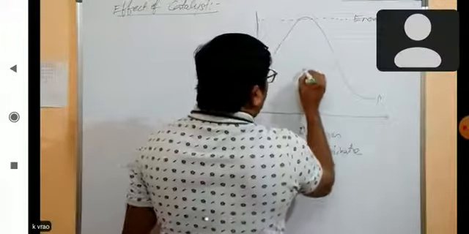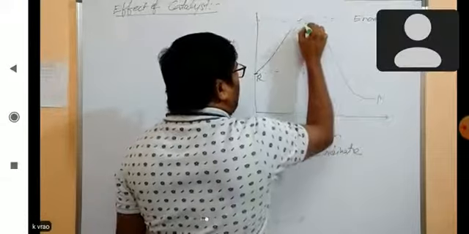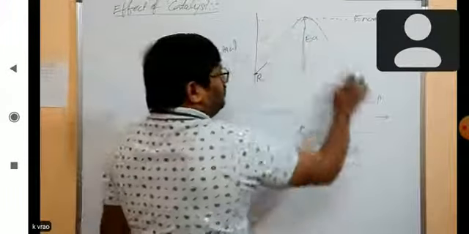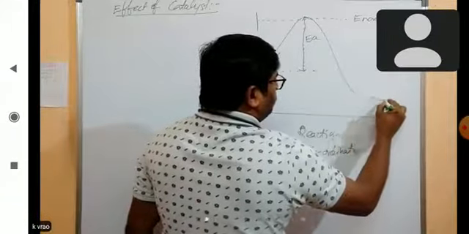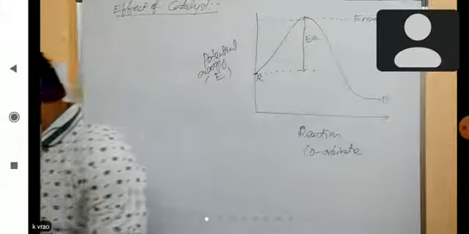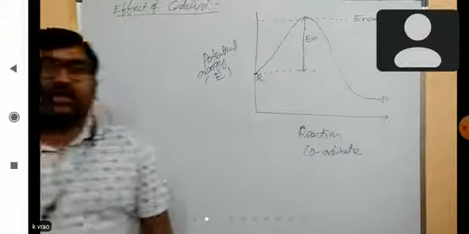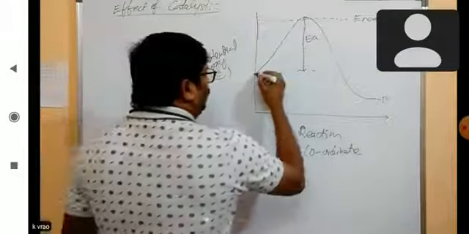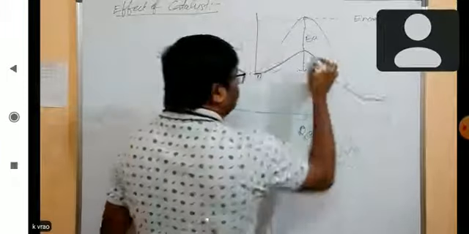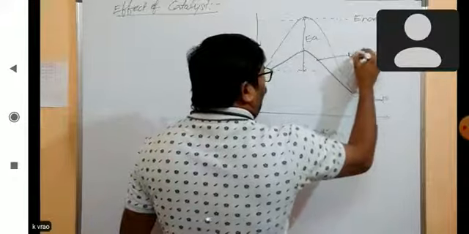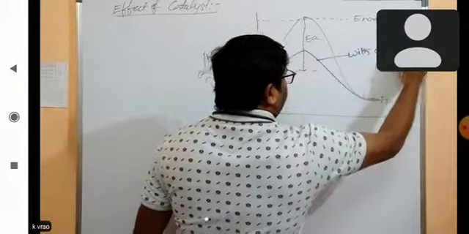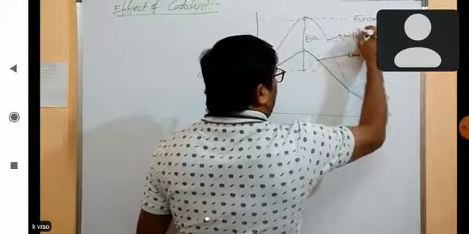From reactants to the energy barrier, this energy is called the activation energy for the reaction. This path is without the catalyst. If I add the catalyst, it decreases only the activation energy of the reaction and the reactants immediately convert into the product. This is the path with catalyst, and this is without catalyst.